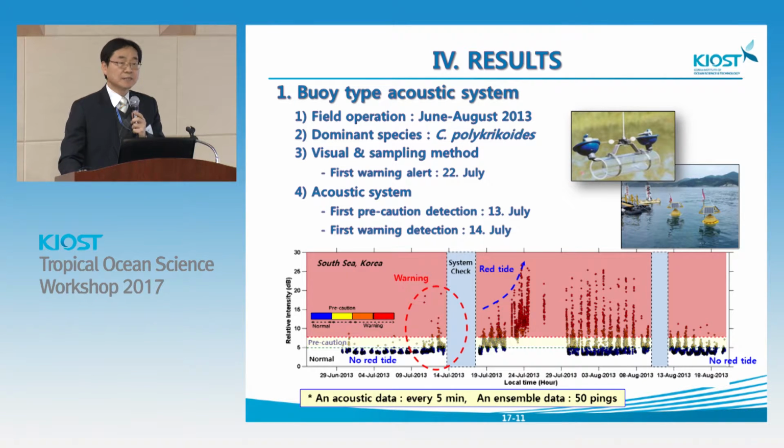If I go into a little detail about how well it works, this is the test in 2013 in the field. At that time, a Cochlodinium bloom occurred. We started measuring June 29, and at the beginning there was no red tide and the signal was low, and then it started to increase, and you see this signal up here, and then a high density of red tide occurred.